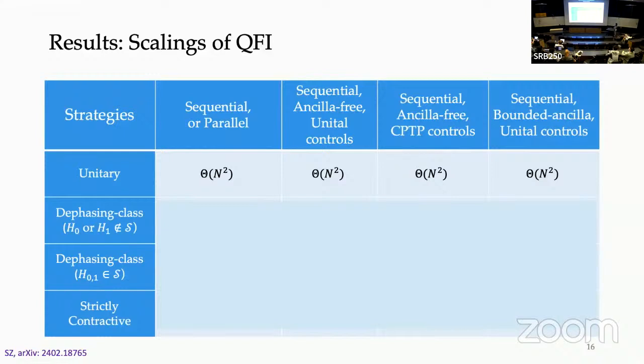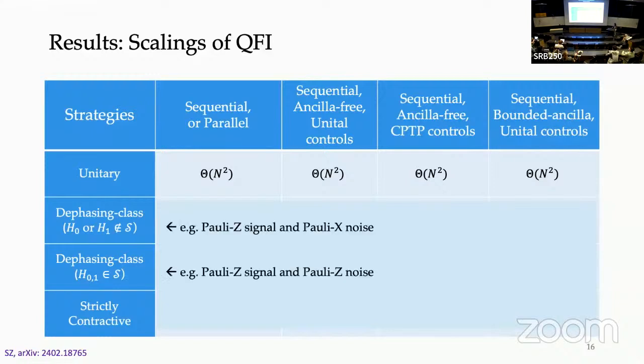Again, we have the unitary channel and the strictly contractive channel. But for the dephasing class channel, I have to divide it into two types, because we have two situations. The first one is, if the noise does not align with the signal, the channel falls into the first class, and if the noise aligns with the signal, it falls into the second class.